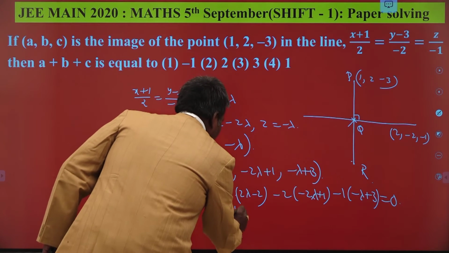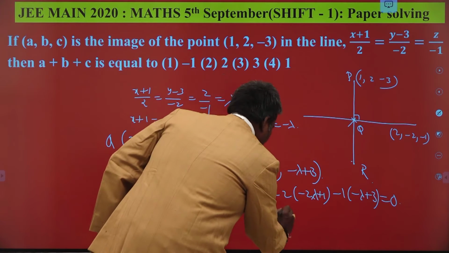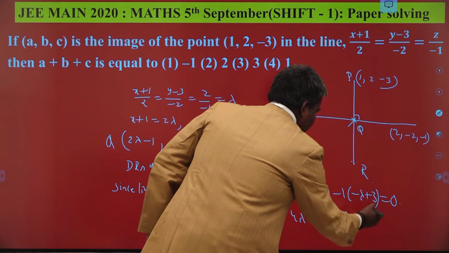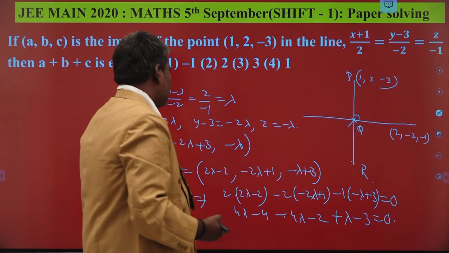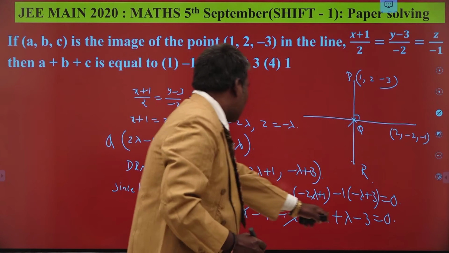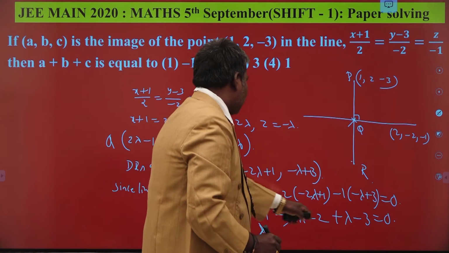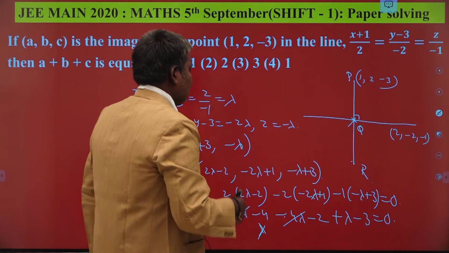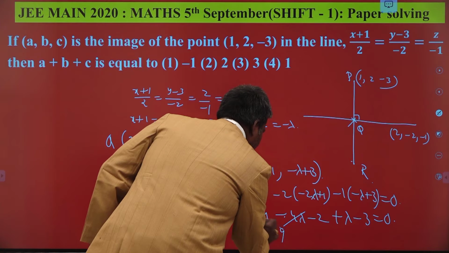Okay, this is 4 lambda minus 4 plus 4 lambda minus 2 and plus lambda, minus 3 is equal to 0. 4 lambda gets cancelled here. Again you have lambda, minus 4 minus 2 is minus 6, minus 3, that is minus 9. So your lambda value is nothing but 9.